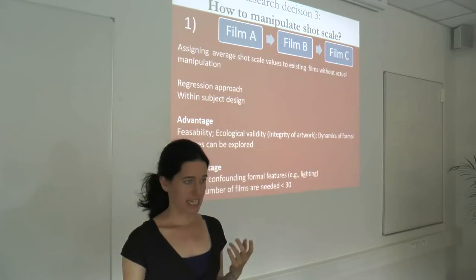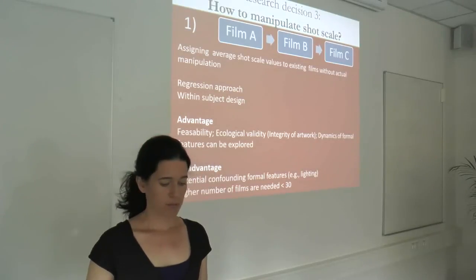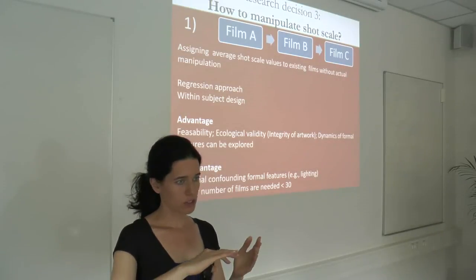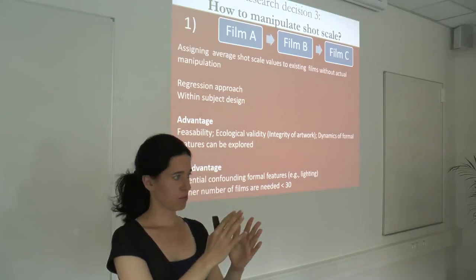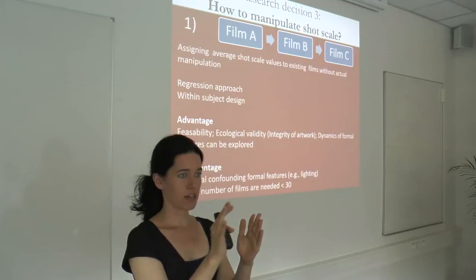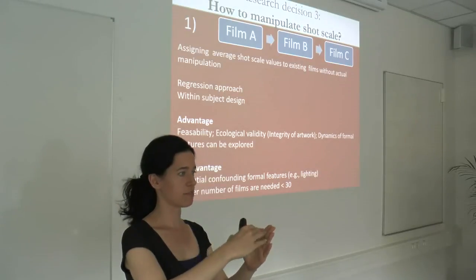But as Catherine said, there can be potential confounding variables. Just to help you understand, maybe you find a significant relation between shot scale and theory of mind, but maybe shot scale correlates very highly with something else.